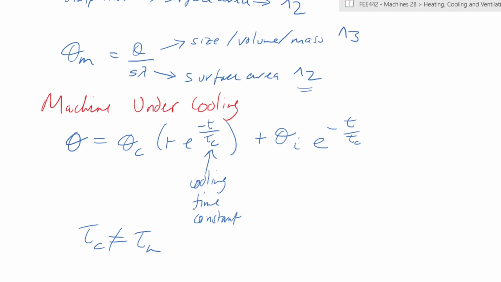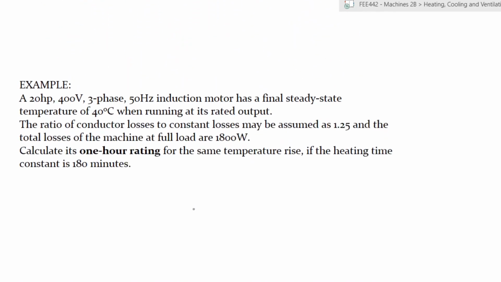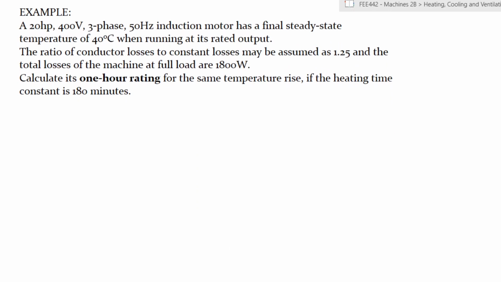Right, so let's look at an example that will bring this all together. So that's our example. A 20 horsepower machine with those characteristics has a final steady state temperature of 40 degrees above the ambient, of course.